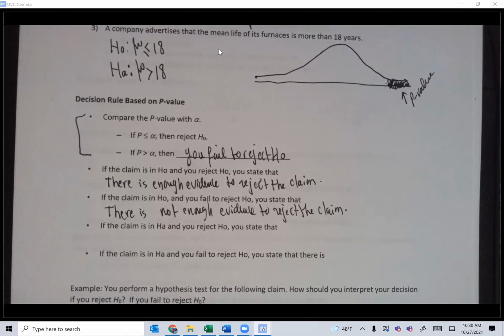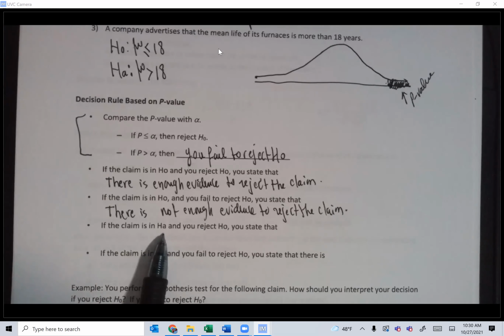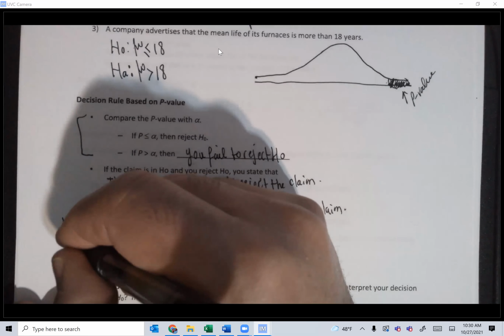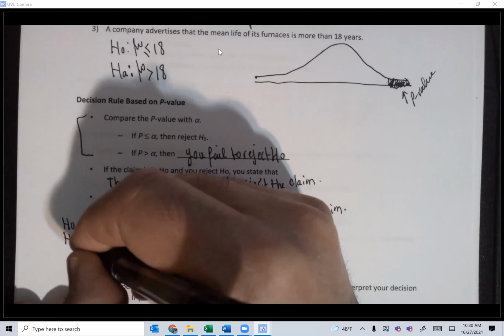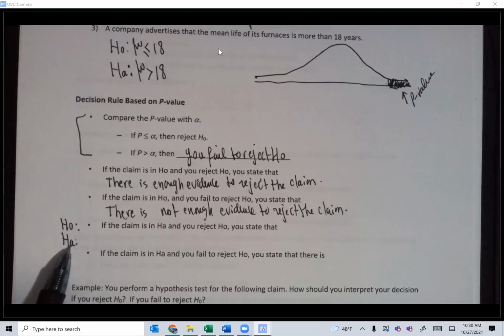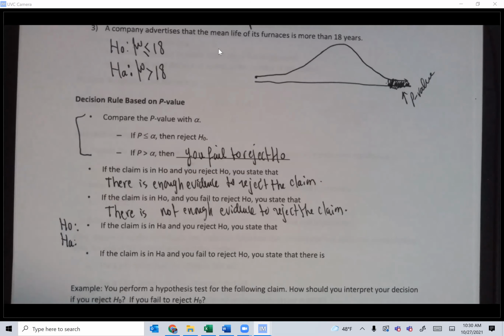Let's see if the claim is in HA, which is the likely case. Usually most claims should turn out to be in HA. So your claim is in HA and you reject H0. So we have H0 and HA. Your claim is here, and you reject the first one. That means your claim is true. It is valid. So you just support the claim.